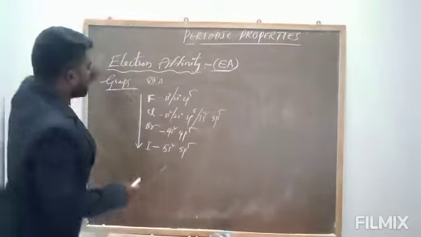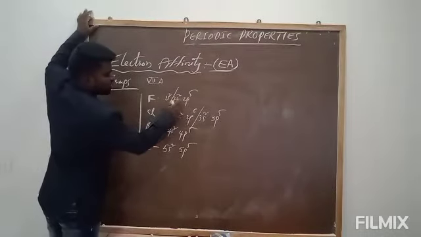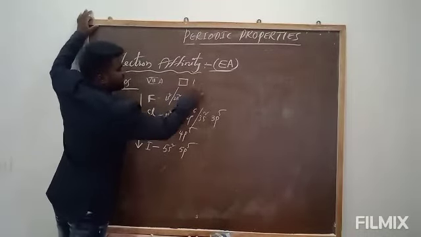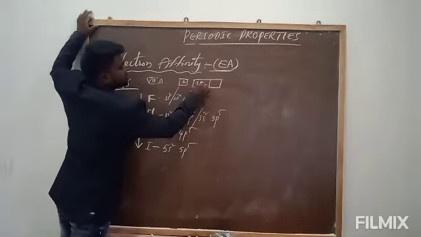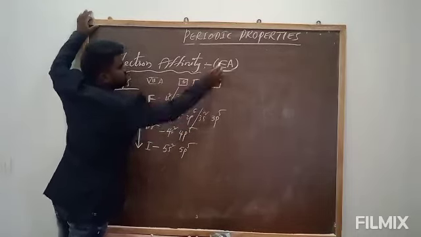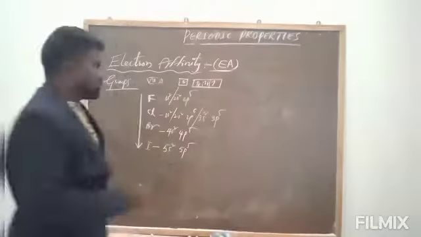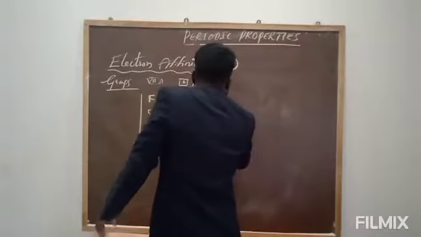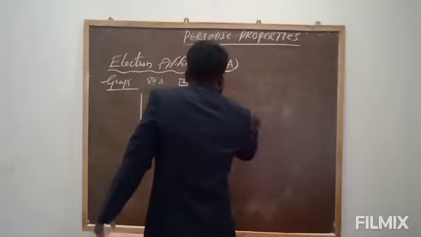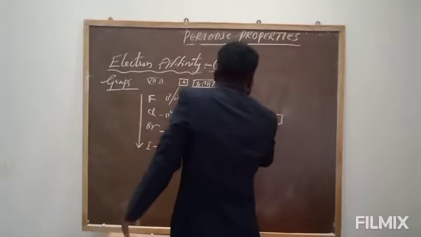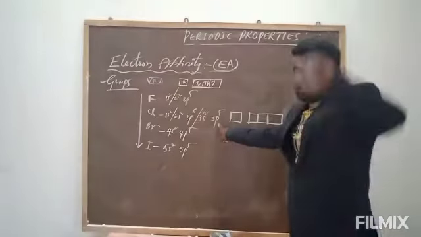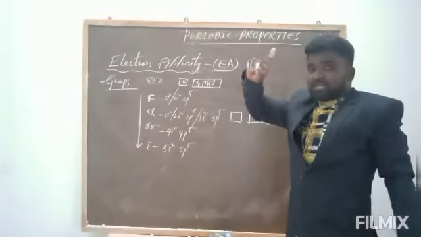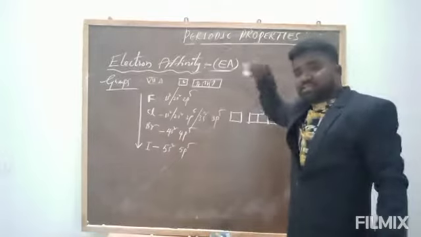So here fluorine valence shell is only 2s2 2p5. Chlorine 3s2 3p5. In the M shell there are 3s, 3p, 3d.